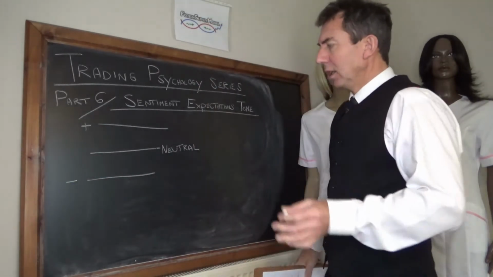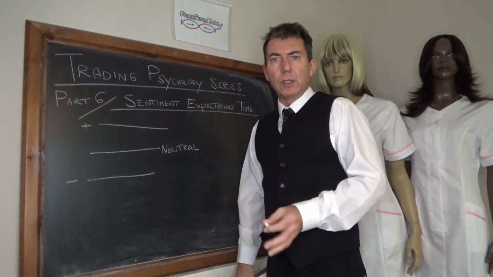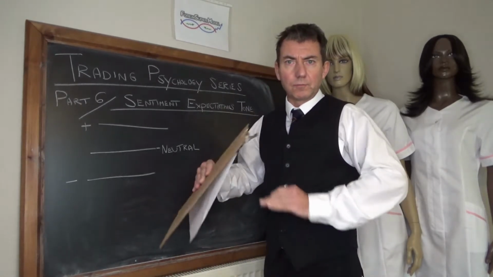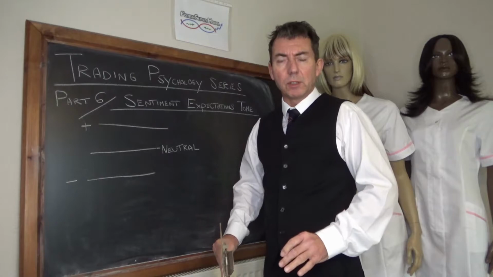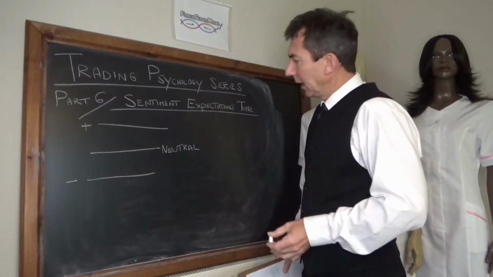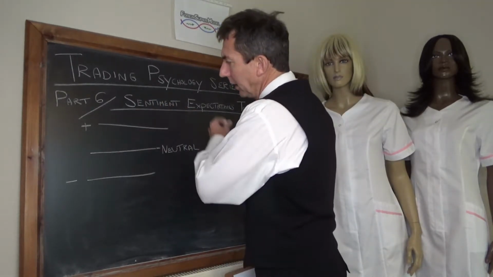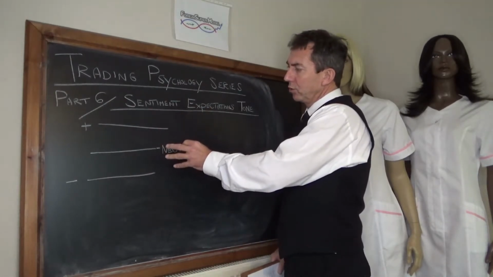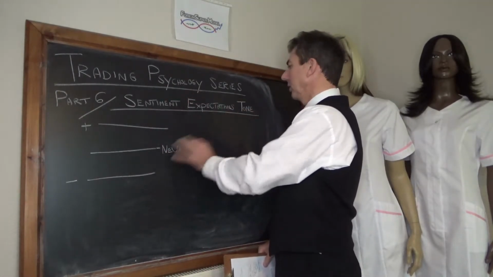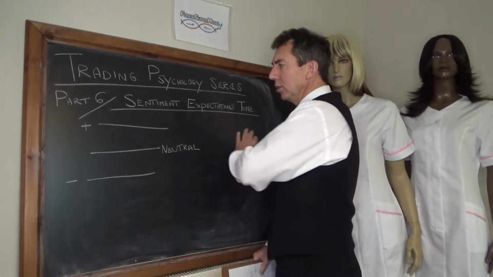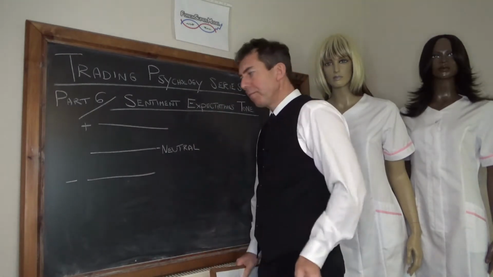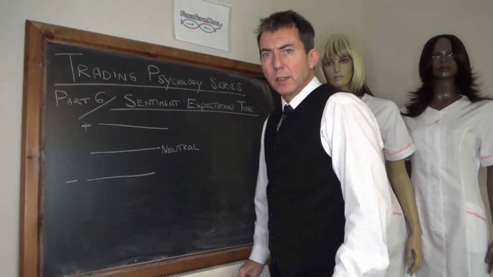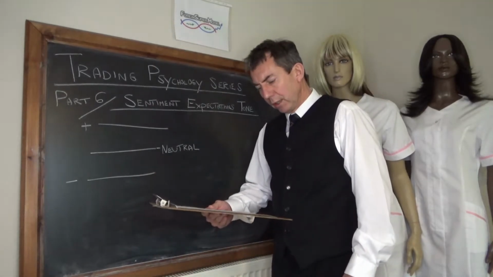As usual in our organisation, we like to box things in because we're modellers, and so this would be a way of showing a sentiment, expectations, tone structure. So is it neutral? Is it positive? Is it negative? That's the starting point for thinking about things.